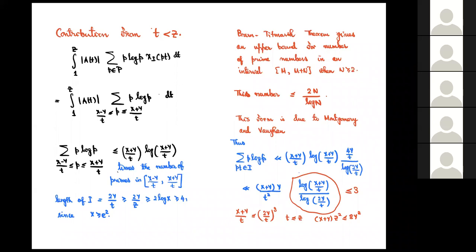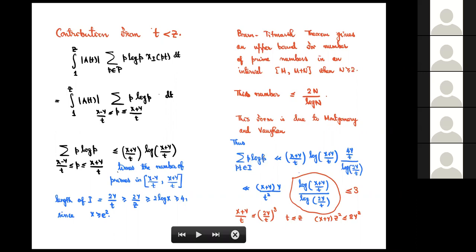No, it's 2n by log n. No, this is the large C thing. Anyway, up to some constant times n by log n is all that you need. So you need this upper bound.